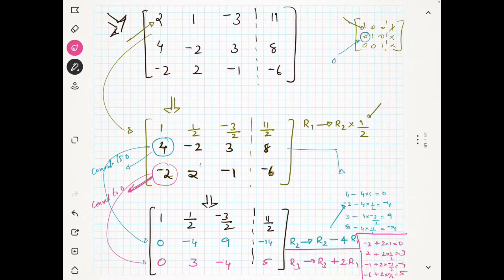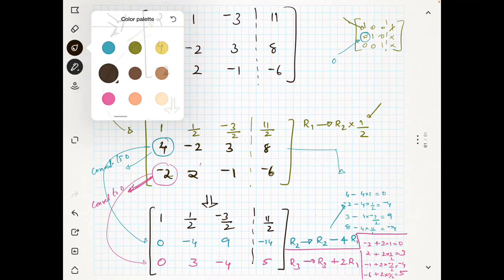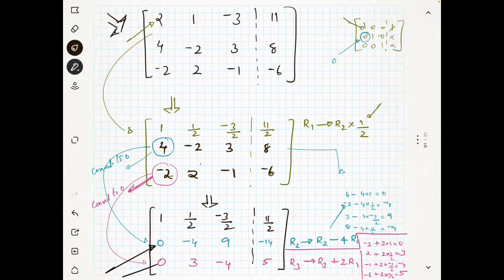So I have converted my row 2 and row 3, and I got 0 here. You see, I got both of these elements 0.